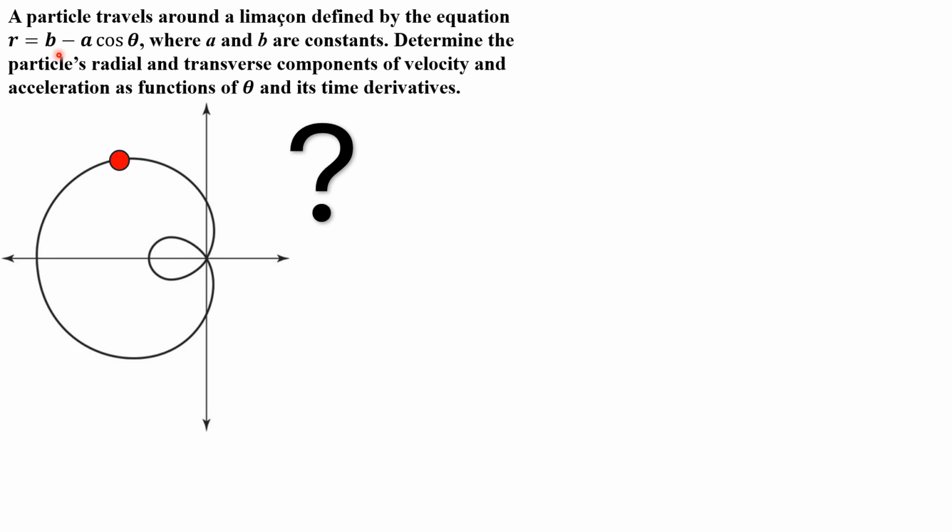Right, so if we have that, or maybe b over a less than 1, then we will have this curve with an inner loop. Now, if the ratio between these two numbers is greater than 1, then the curve here would be different. But that will not affect our solution here. But just keep that in mind.